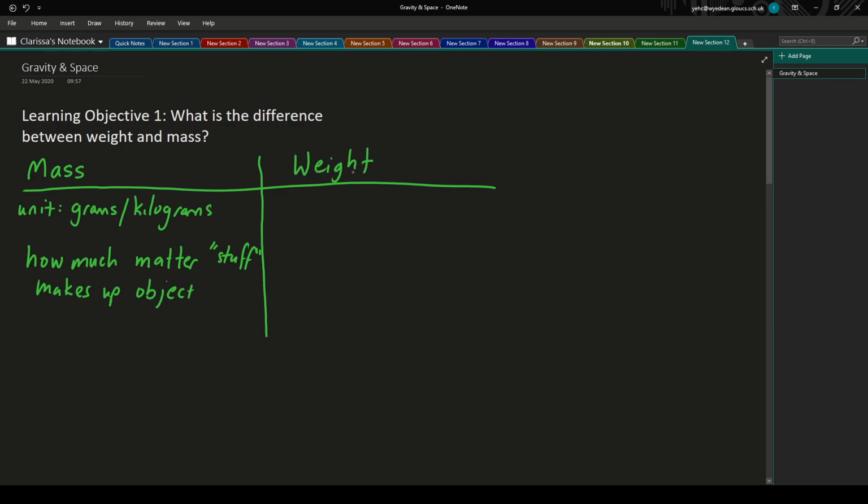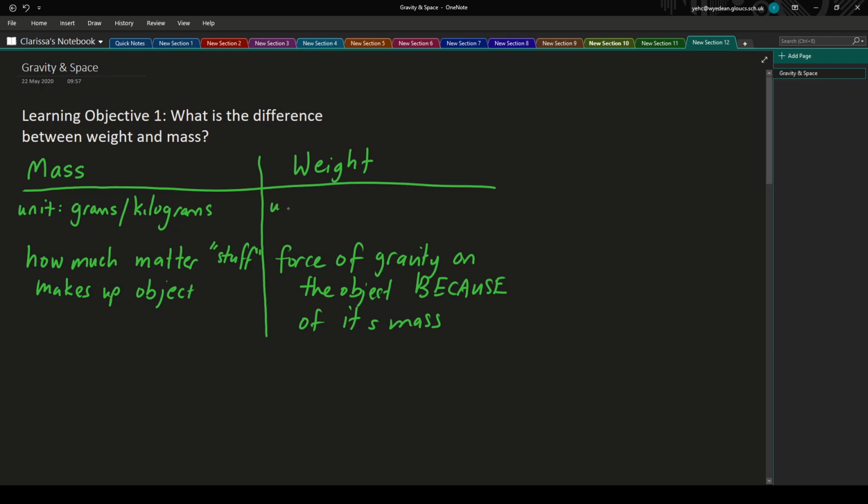Weight, however, is the force of gravity on the object because of its mass.